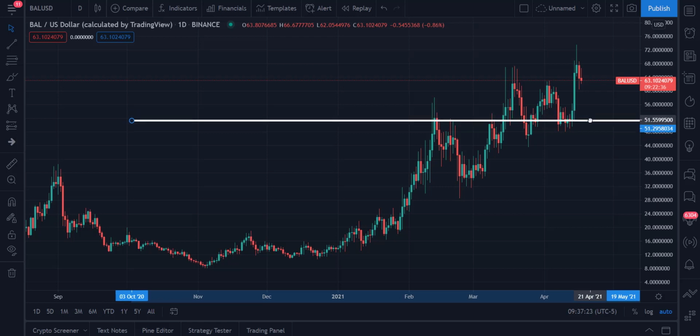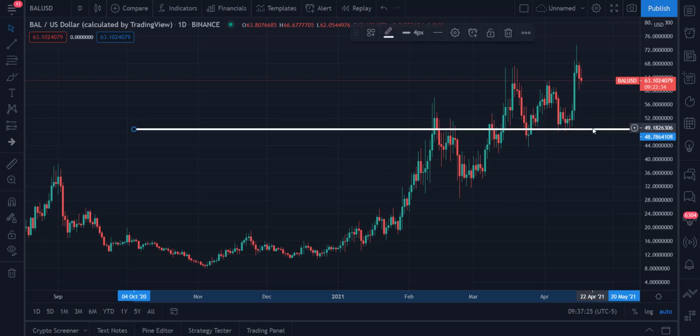Just looking for other areas of similar support and resistance. I think this area obviously is one, because it played a little bit of resistance back here, and seemed to play some support in this region as well. And now, we're coming off of all-time highs in this token that happened just a few days ago.